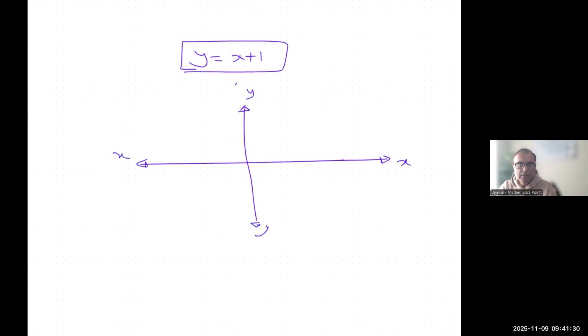Okay, now, in order to draw any particular linear equation or a linear relationship on a Cartesian plane, you need some coordinates. And this relationship will help us generate some coordinates. Tell me, when x is 0, what will be y?